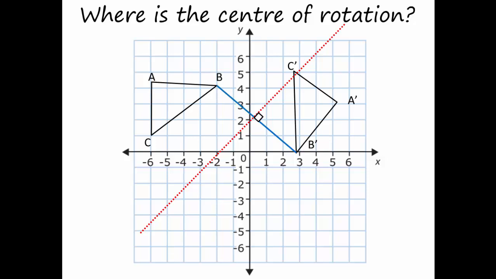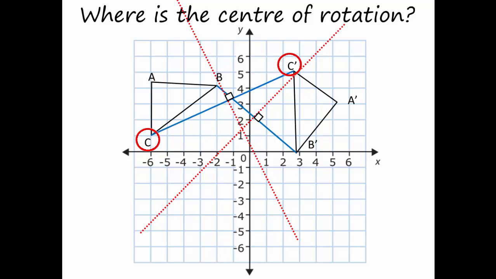Now let's take another line. Let's do C. C is corresponding to C prime, so we'll draw a line connecting them. So remember, it cuts across this line, has to be 90 degrees, and the one side must be equal to the other side. Alright, so there I have my two perpendicular bisectors in red.